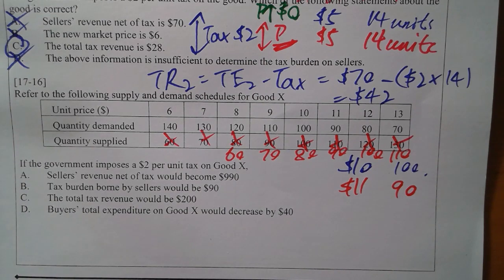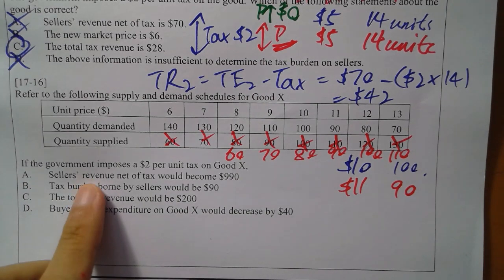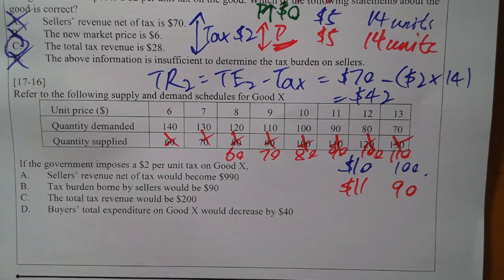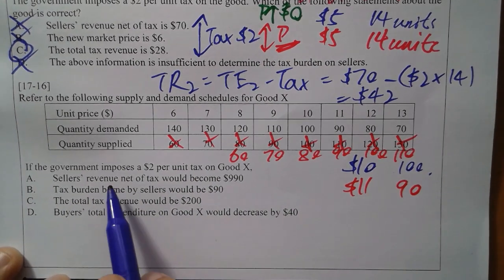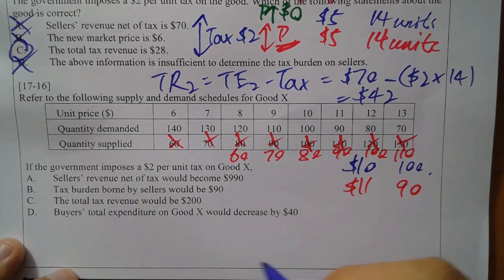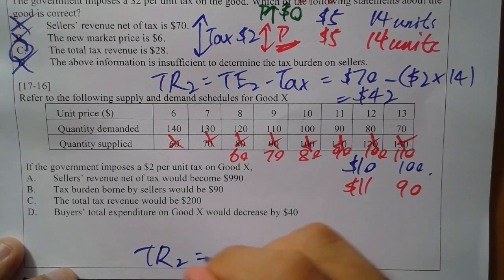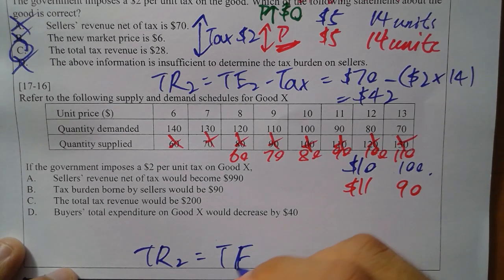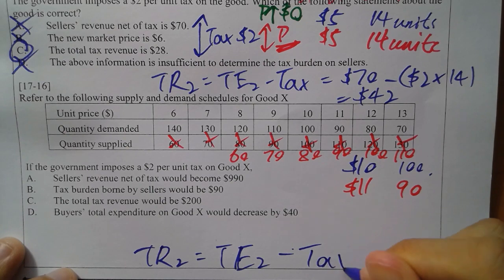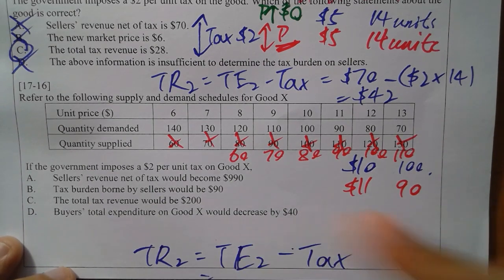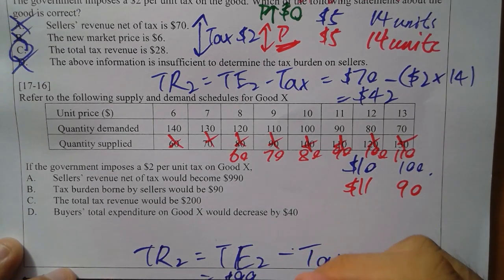and 90 units. Okay, let's take a look. Sales revenue net of tax would be 900? Definitely not, net of tax, right? Because look at it, total revenue net of tax should be TE2 minus tax. Okay, now TE2 is 990.